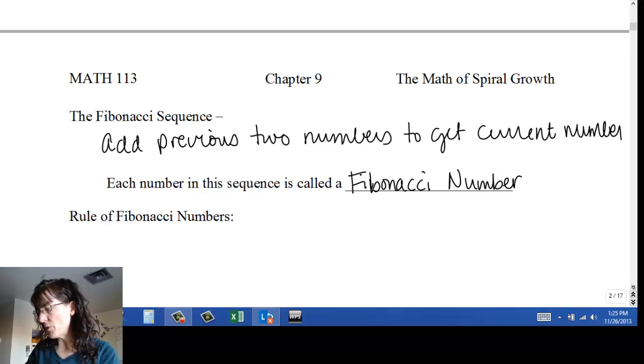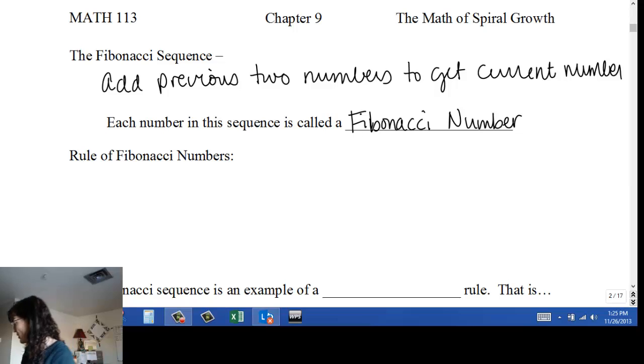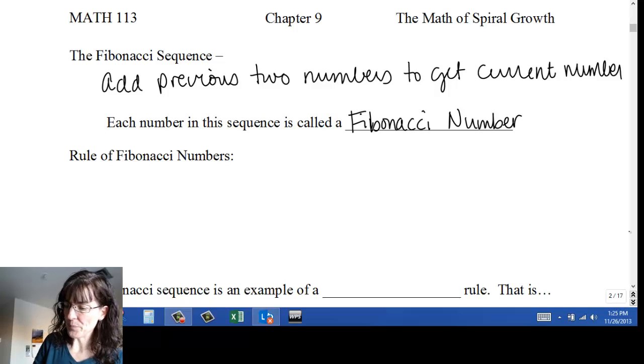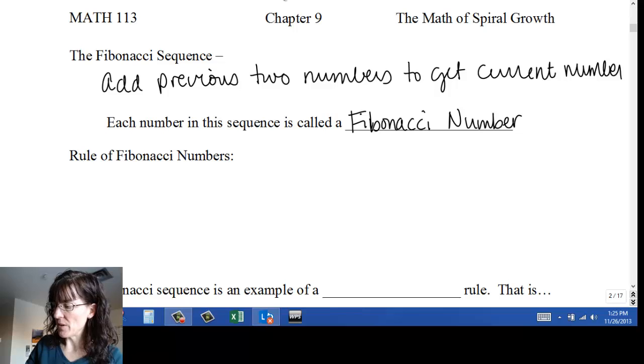Okay, and that's our rule as well, that we add the two previous numbers to get the current number. So I could put that down there instead. That's probably better.